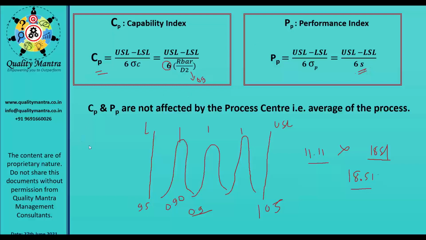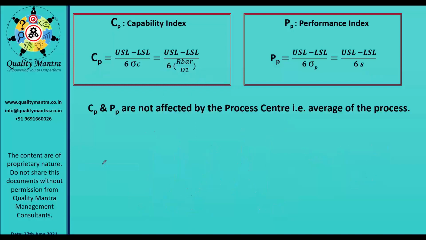I am going to the Excel sheet where we have the R bar by D2 value and the estimated standard deviation also. I will tell you the specification limits and you need to calculate both, quickly, because today we want to finish so many things.